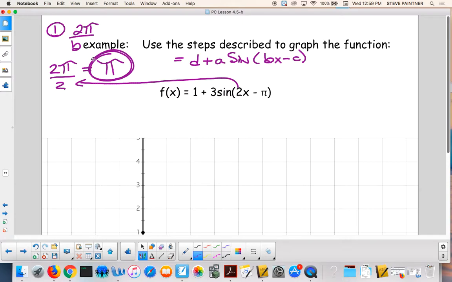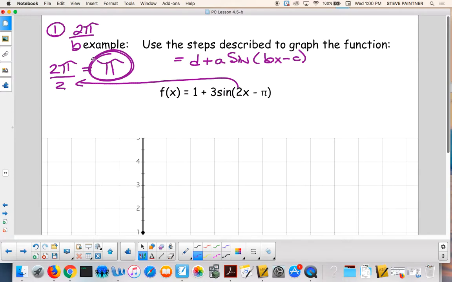Think your transformations. It's a horizontal what? Compression of 1/2. You took your normal period 2 pi, you cut it in half, now what is it? 2 pi went to what? Pi. That's why the answer is pi. I'm just doing number crunching, but that's why it's pi, because you get a horizontal compression.